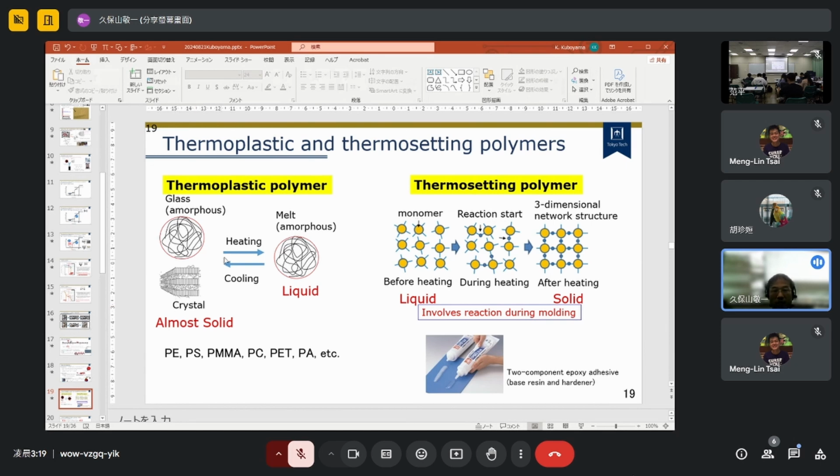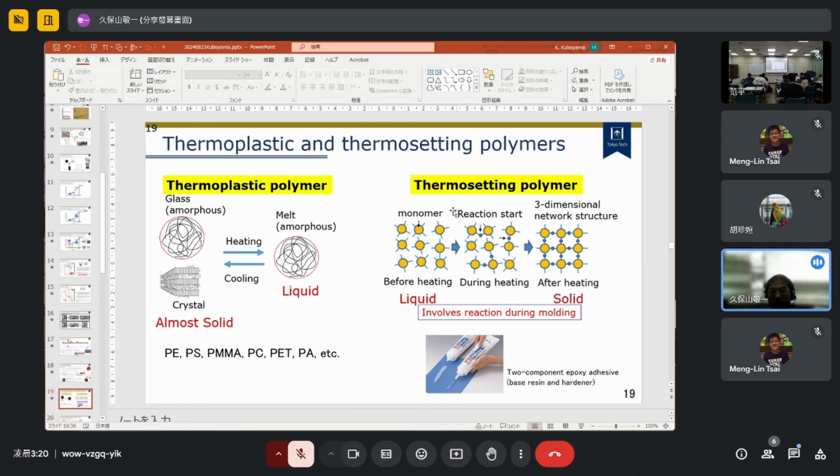And when you heat the sample above the glass transition temperature or the melting point, this changes to the amorphous state and becomes a liquid state. And you can repeatedly change the state between them. For example, such polymers are polyethylene, polystyrene, polymethyl methacrylate, polycarbonate, polyethylene terephthalate, polyamide, and so on.